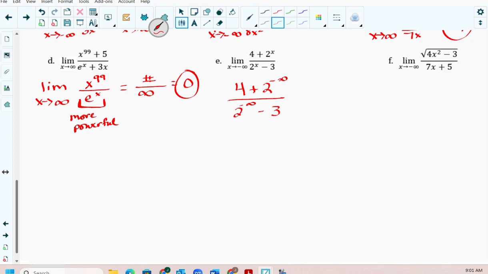So you end up with just 4 over negative 3. These are called tricky limits, the ones we're doing in this part of it, okay? It's much more abstract, and you have to think through what this means. So 2 to the negative infinity, that's 1 over 2 to the infinity. That's 1 over huge number.